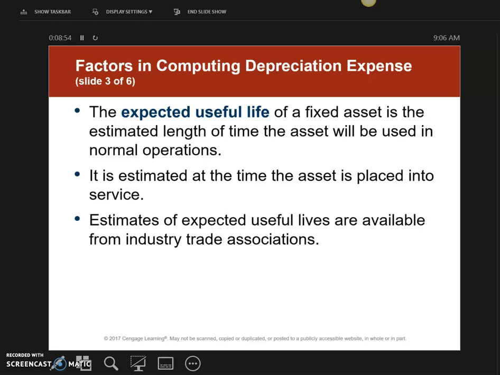Different categories exist on that. So for example, a piece of equipment has a 7-year useful life. That truck that I might have bought for my delivery service business would have a 5-year useful life. Computer equipment's 3 years useful life because of obsolescence and technology changes.